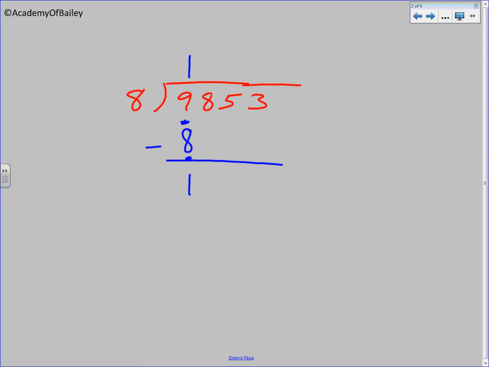Well, that is 1. Once we are to this point, this 8 comes down, and now we have 18 we're dealing with. How many times does 8 go into 18? Well, in this case, twice. 2 times 8 should be 16.